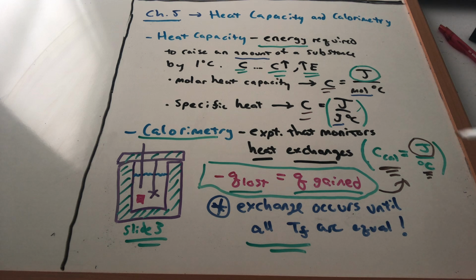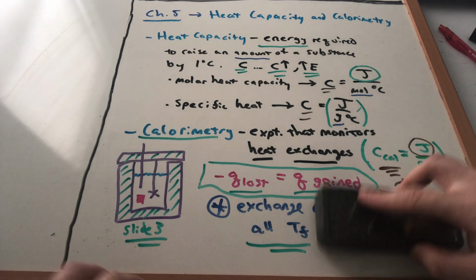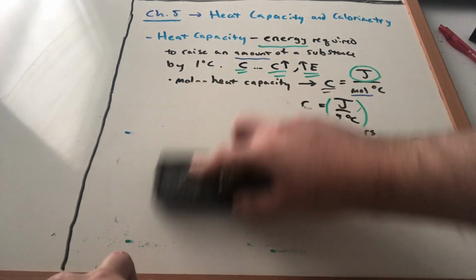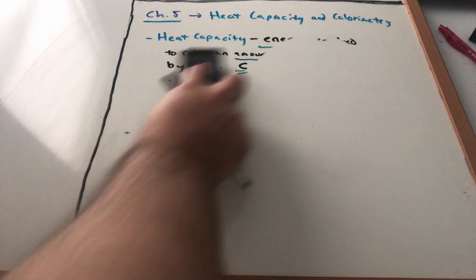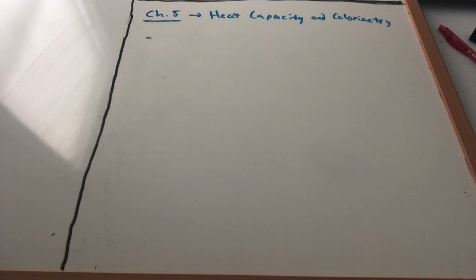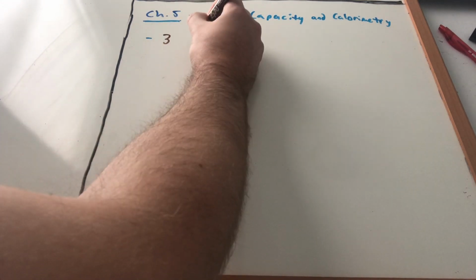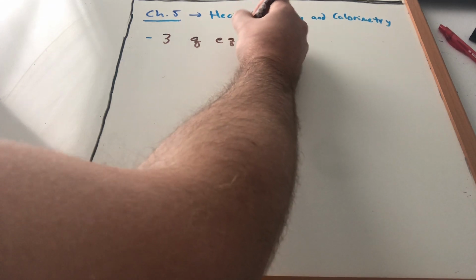We can use the calorimeter constant to take temperature information and make it energy information. This leads us to 3 different equations for heat, because it's all about heat exchanges at this point of the chapter. So we're going to label this section the 3 Q equations.